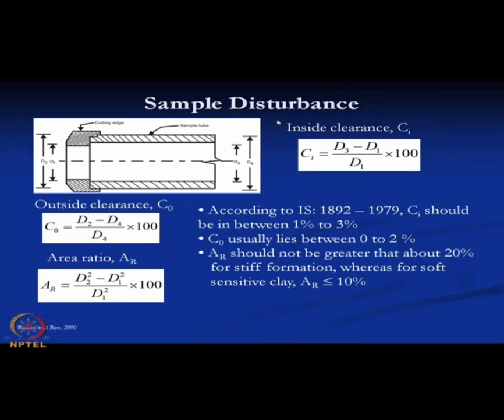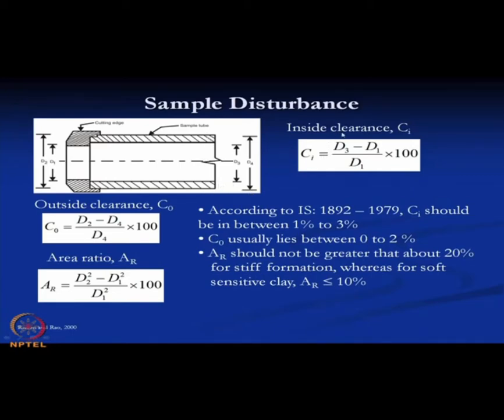Here is a typical sampler tube figure. D1 is the inner diameter of the cutting edge, D2 is the outer diameter of the cutting edge, D3 is the inner diameter of the sampler tube, and D4 is the outer diameter of the sampler tube.